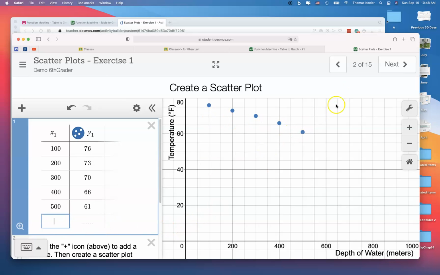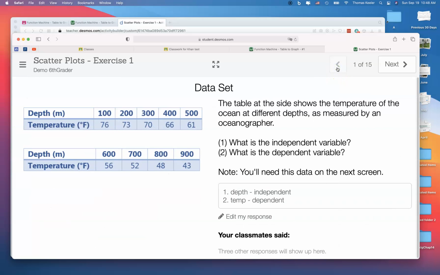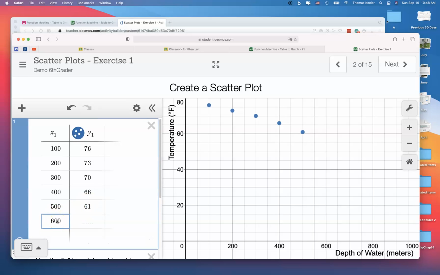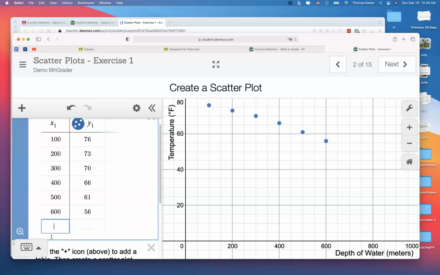Okay, so what's our next one? So 600, 656, 752. 656 down 5, and 700 was 52. Okay, and we've got 2 more to do.